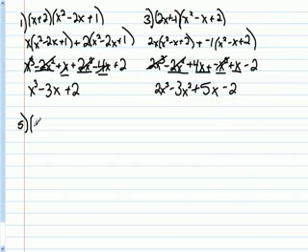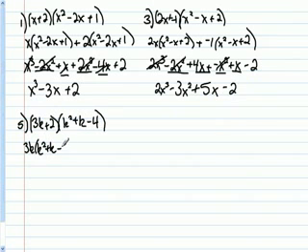Number 5, I have 3k plus 2. And then I have k squared plus k minus 4. So again, split this first one. So I'm going to do 3k times k squared plus k minus 4.